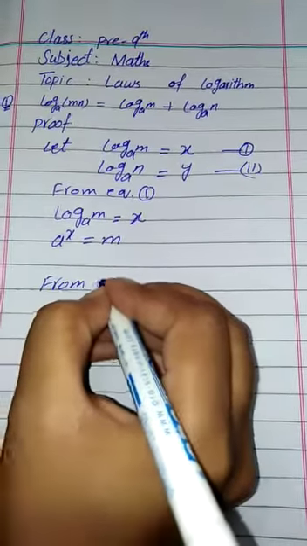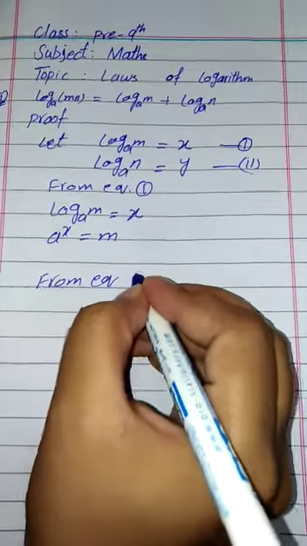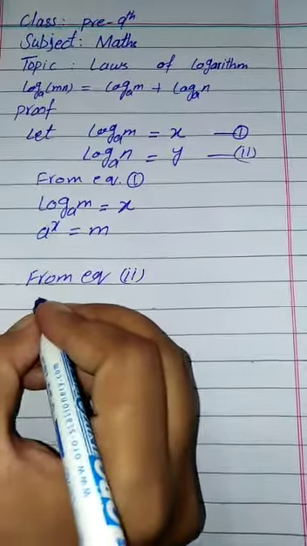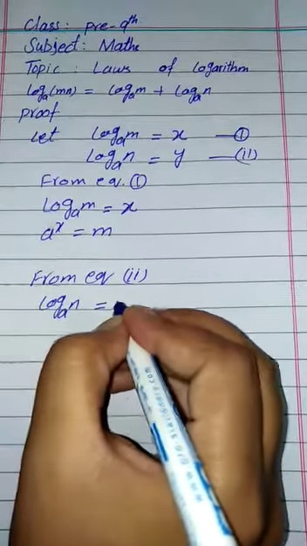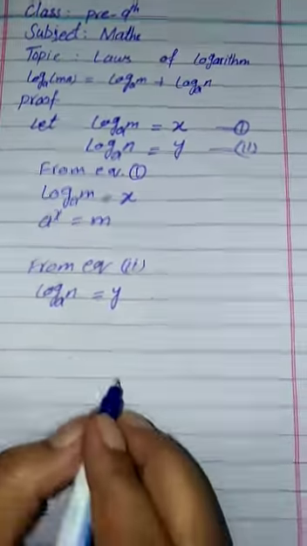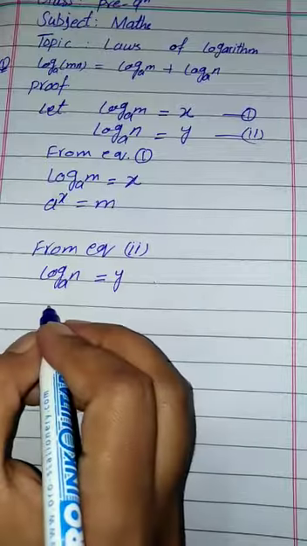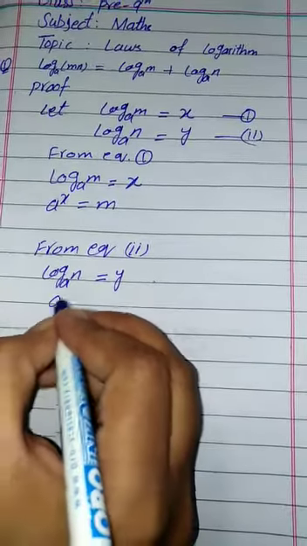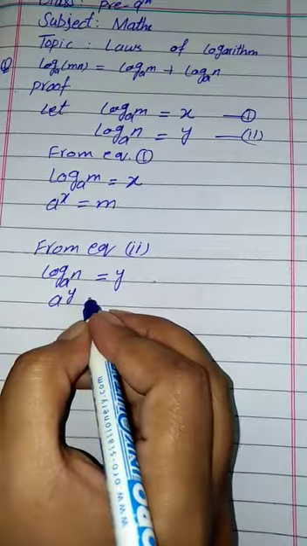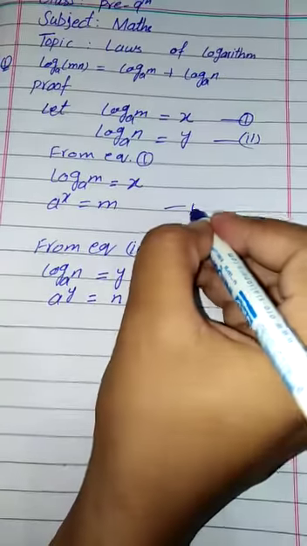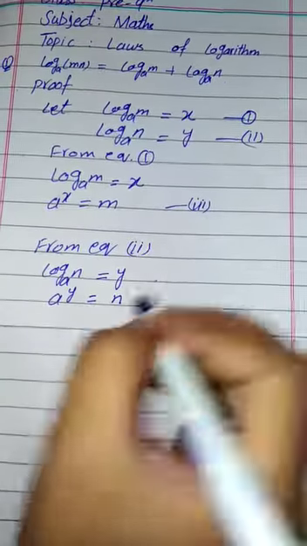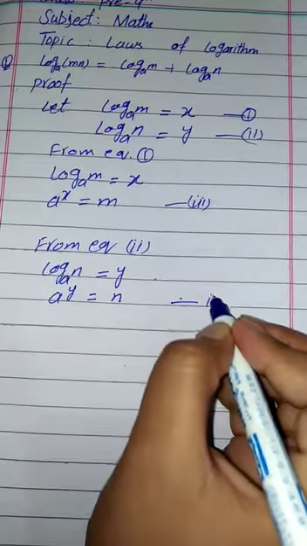From equation 2, log n with base a is equals to y. Write in exponential form. A power y is equals to n. This is equation number 3 and this is equation number 4.